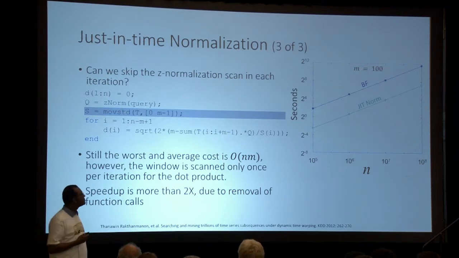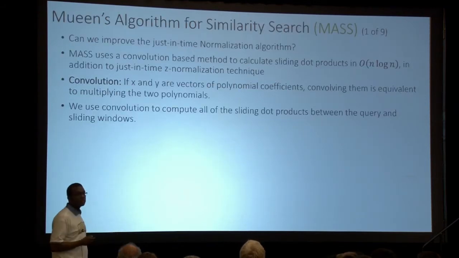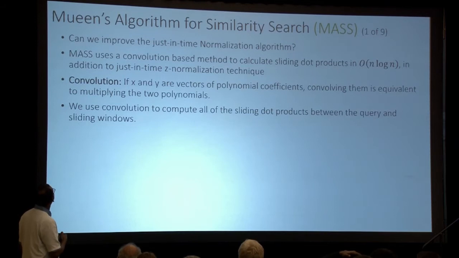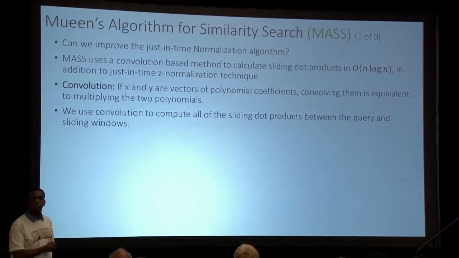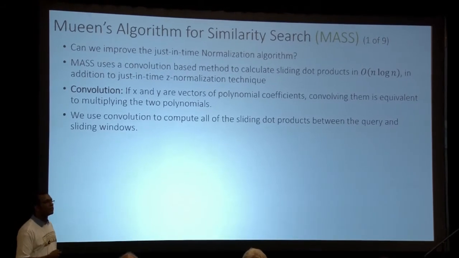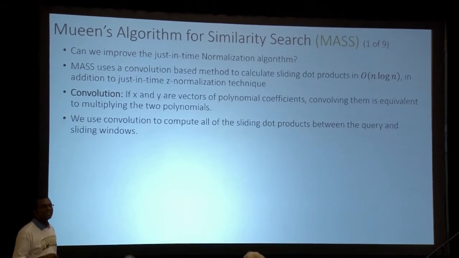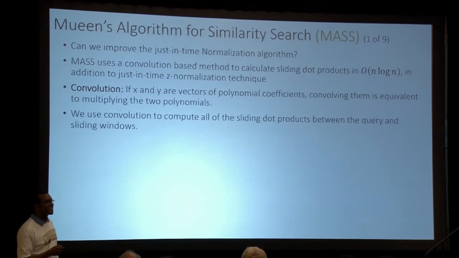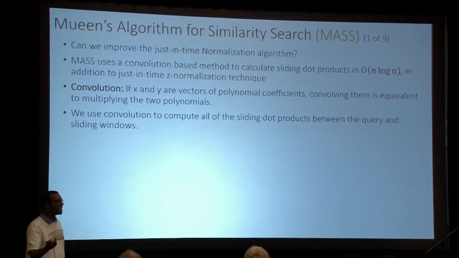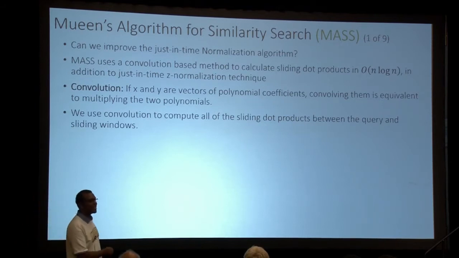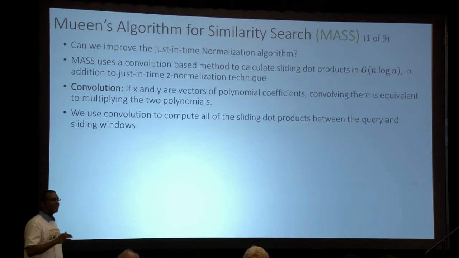Can we improve that? And here comes the other algorithm, which is called Mueen's algorithm for similarity search, or MASS. That's kind of evil in a way, that I'm discrediting my colleague's work, but that's not the purpose. It has to be named something, and mass is a very simple, cool word, so that's what we are using. But I give full credit to my co-builders, Jan and Michael, sitting there.